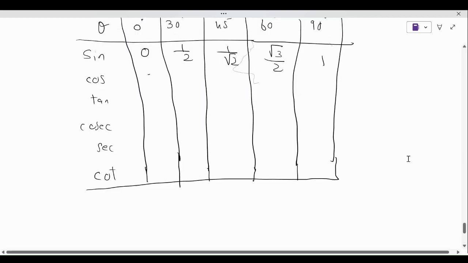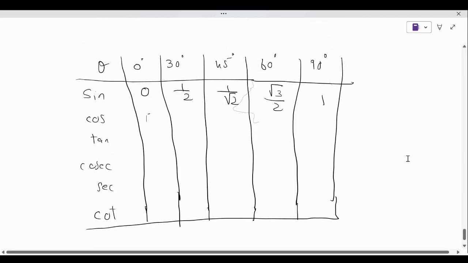Okay. So in today's video, we'll be seeing how to remember a mnemonic from which we can derive the tabular column for the various values of the angle. So see, sine 0, 1 by 2, 1 by root 2, root 3 by 2, and 1. This is the only value which you have to remember. Cos is the reverse of this. That is, starting from 90, you have to go to 0.